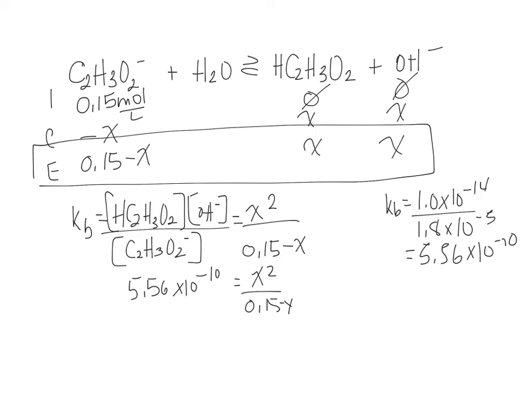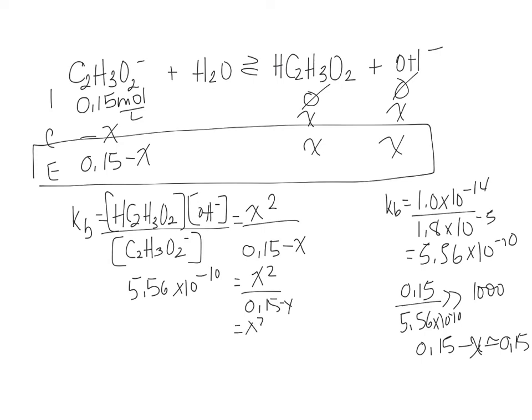And because 0.15 over our Kb is so much greater than 1,000, we know that 0.15 minus x is approximately 0.15. So we've simplified our life. So x squared over 0.15 is equal to 5.56 times 10 to the negative 10.